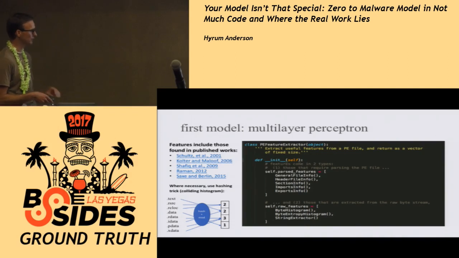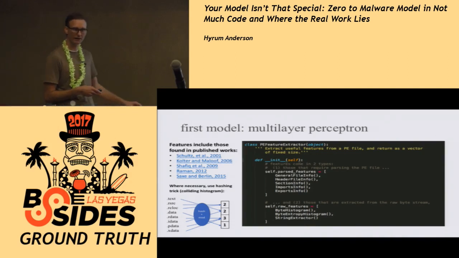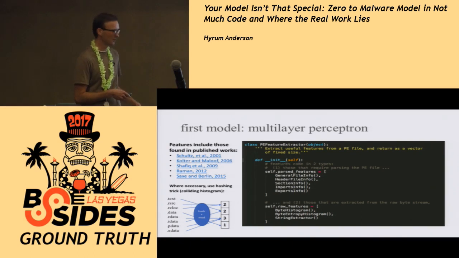And then there's a second class of features that don't require parsing the PE file, where I just slurp in the bytes and take a histogram of the bytes. If things have lots of zeros in them, then there would be a spike there, which might be indicative of some unused space or something.